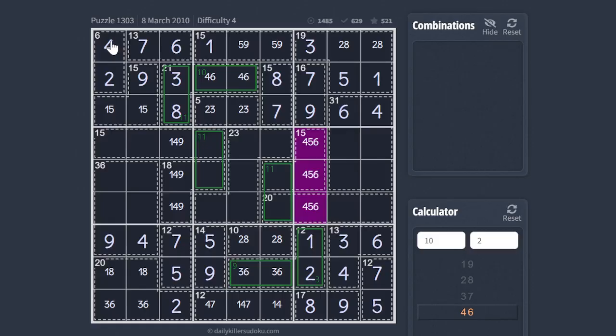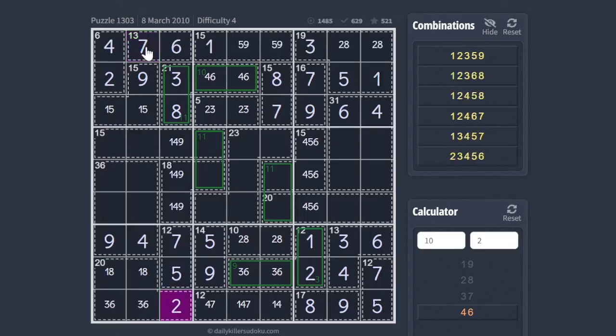So we have been doing rule of 45s in boxes, but the rule of 45 also works with rows and columns, in this case with multiple rows. So we're going to look at these 2 rows, and you say, well, wait a minute, what about this cell and this cell? Well, luckily we know them.